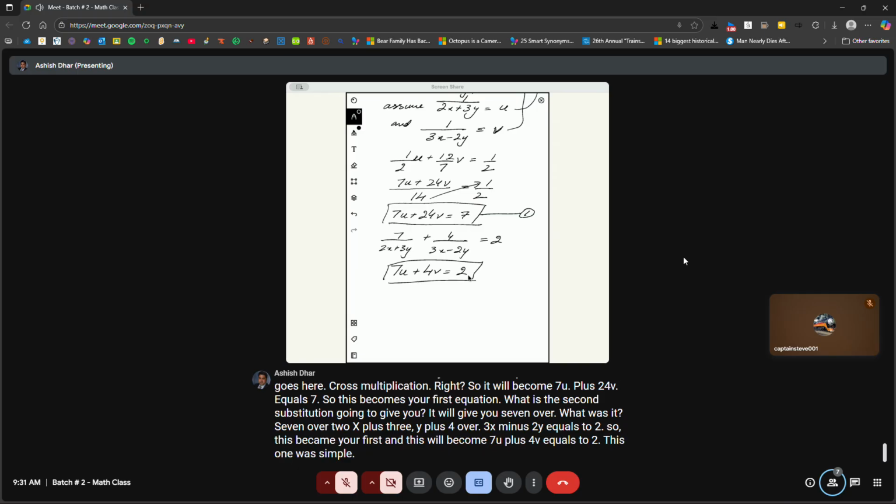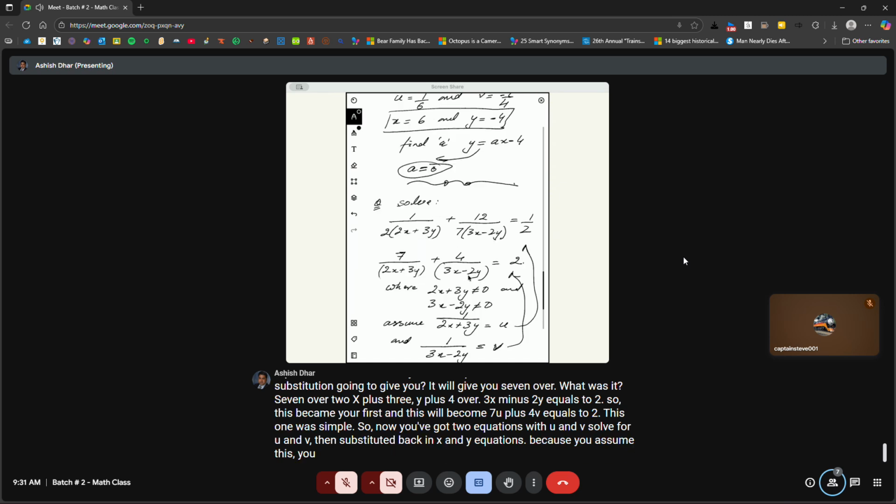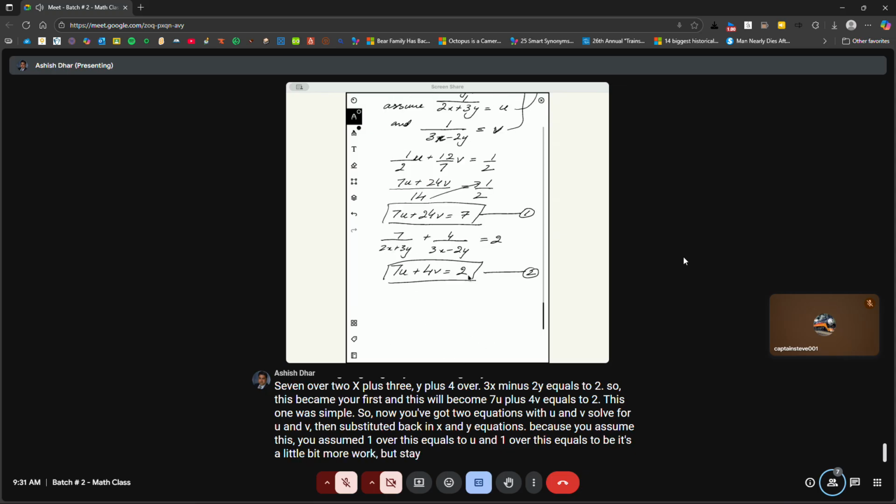This one was simple. So now you got two equations with u and v. Solve for u and v, then substitute back in x and y equations because you assumed 1 over this equals u and 1 over this equals v. It's a little bit more work, but stay at the problem. Do it.